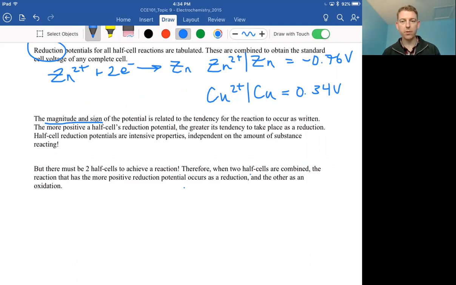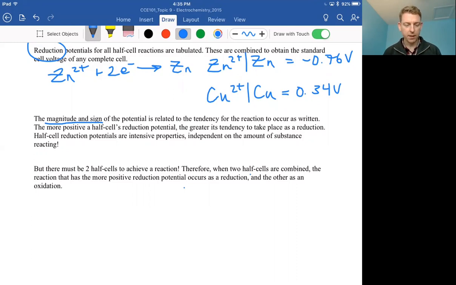The more positive one in a set of half reactions is going to be the half that is reduced. The less positive one will then necessarily be the one that's oxidized.